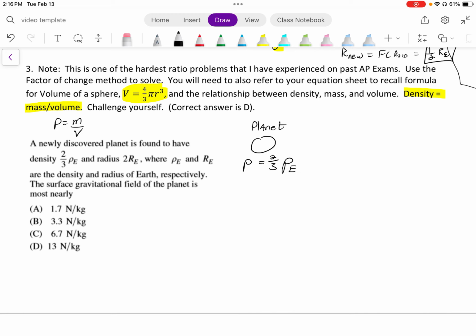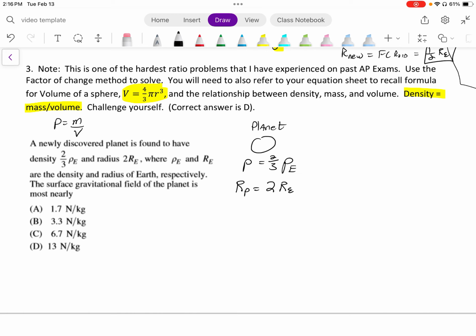So it's not quite as dense as Earth, so it won't have the same mass as Earth. In addition, the radius of this planet is twice the radius of Earth, so it's larger in diameter. So even though the density is less, now I have a larger radius, so I don't really know how mass is going to change.